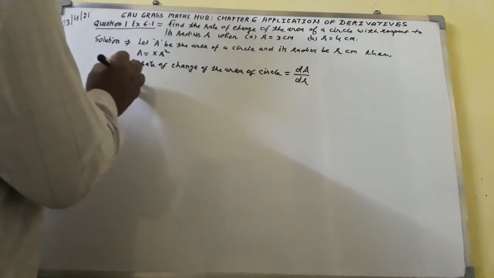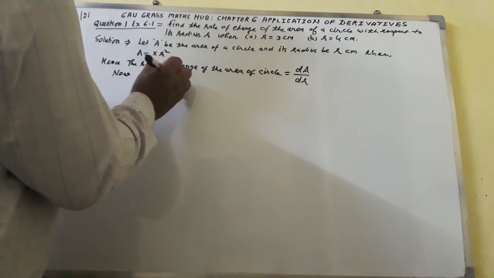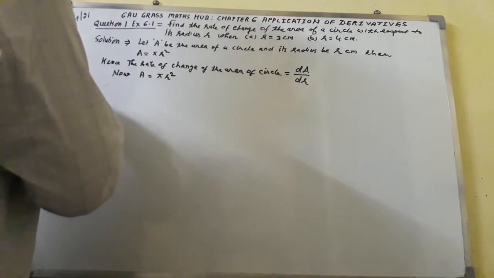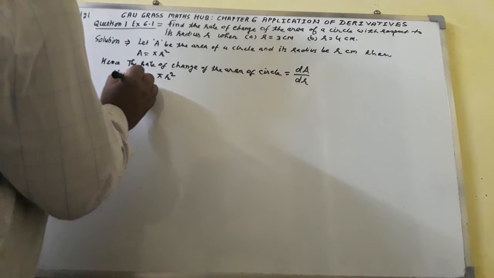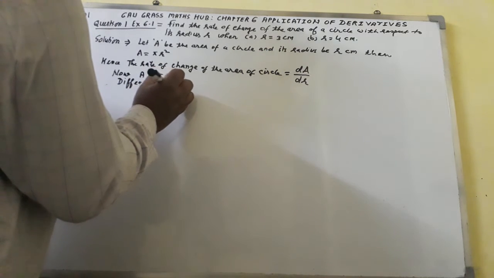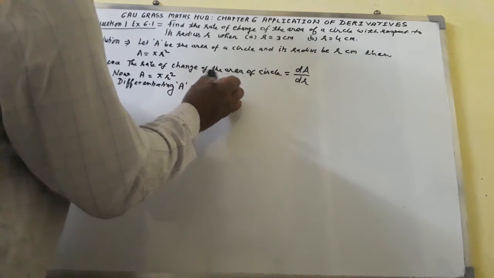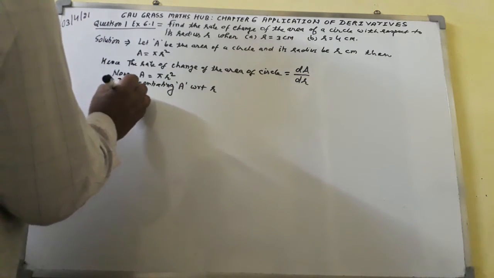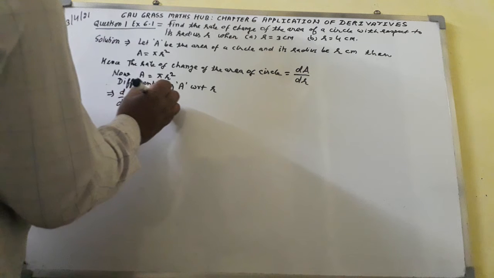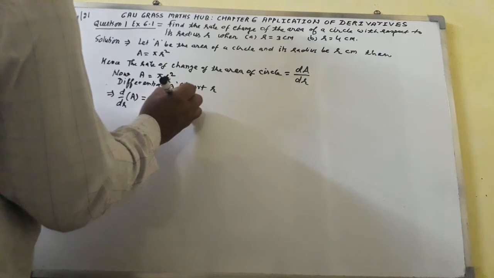Now capital A is equal to pi r square, implies that here I shall write differentiating A with respect to small r. It comes out to be d over dr of A is equal to pi dot d over dr of r square.